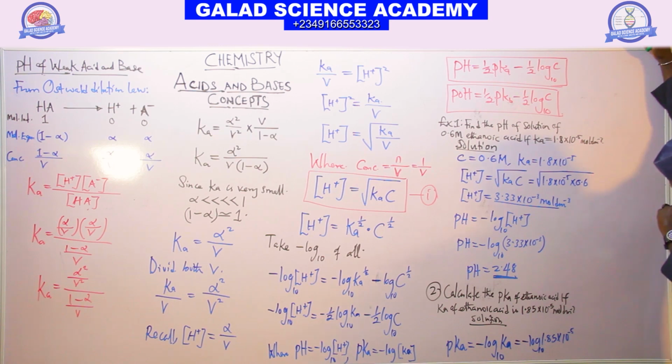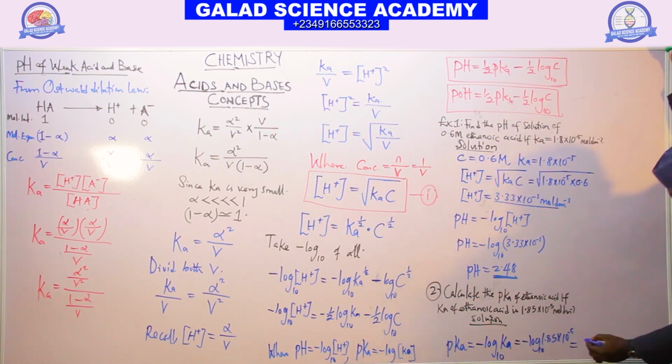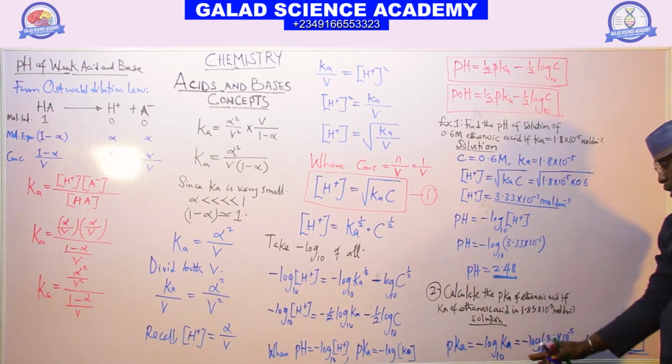So if we solve it further, minus logarithm of 1.85 times 10 raised to the power minus 5, base 10, will give us minus minus 4.7. The minus cancels the minus, and we have 4.7.